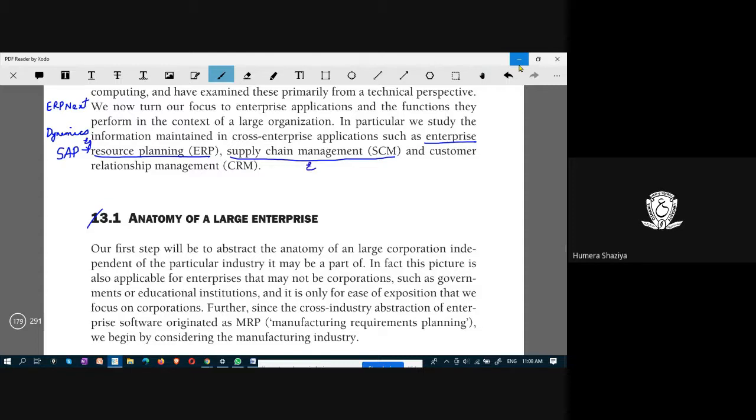The examples of SCM include Team Foundation Server. There is a tool called Team Foundation Server. There is a Bitbucket server. Several are there.